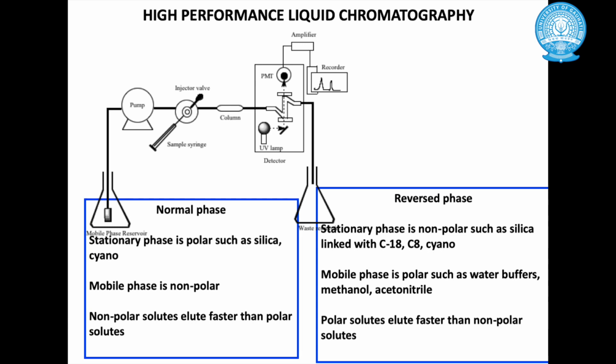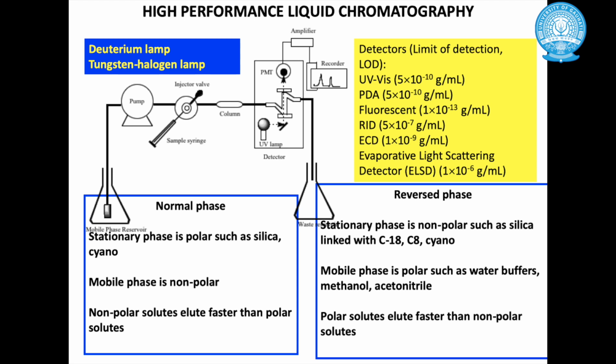For example, the UV visible detector is one such detector, which is nothing more than a detector that is used in a spectrophotometer. So it is quite like a spectrophotometer, except that the compounds are separated before they are detected by the UV visible detector.